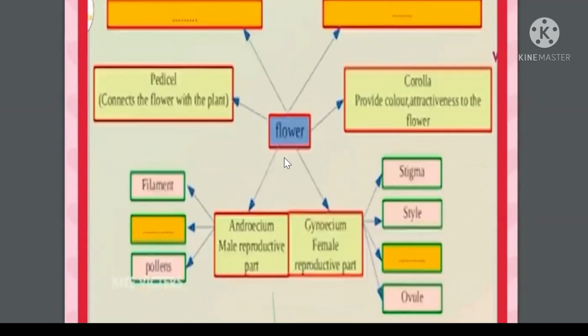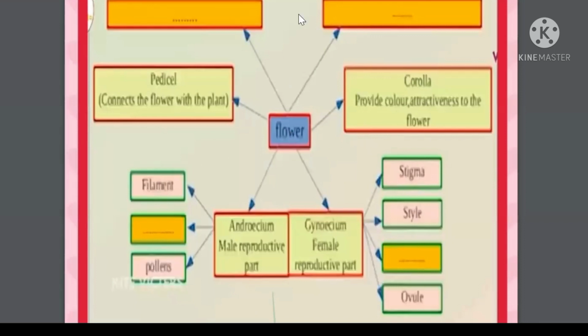Okay. So, this is the concept map related to the major idea flower. Concept map of flower. And we have to complete this concept map by adding all the important ideas related to this particular major idea.